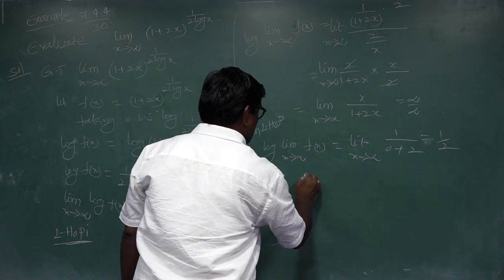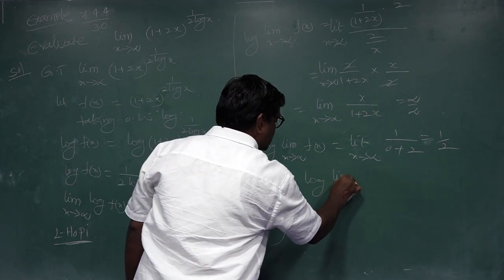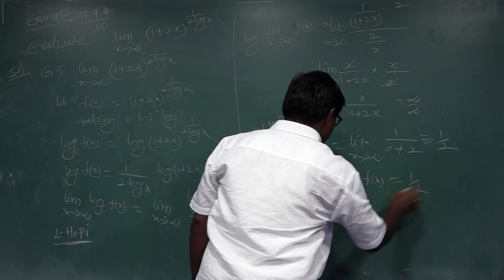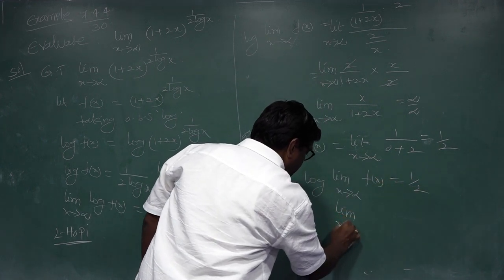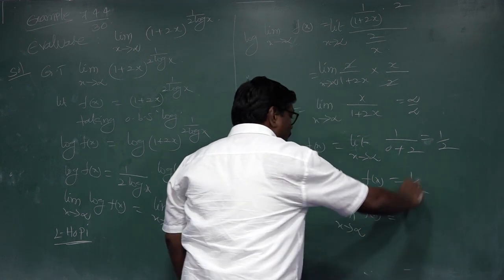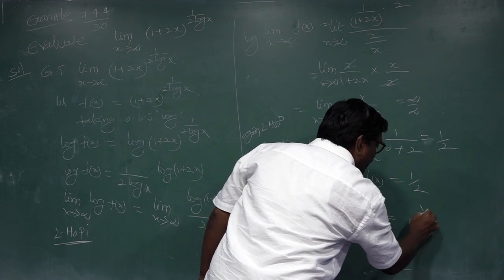So log of the limit x tends to infinity of f of x equals 1 by 2, which means the limit of f of x is e power of 1 by 2.